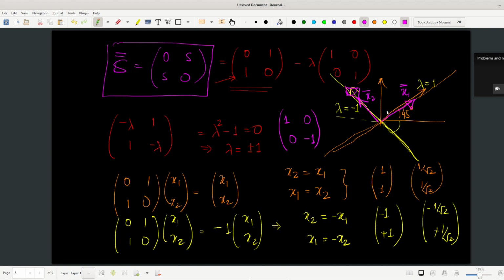I can rotate the coordinate system by 45 degrees, and I will not have these shear strains. Instead, I will have normal strains. So these are like shear strains, and these are like normal strains.